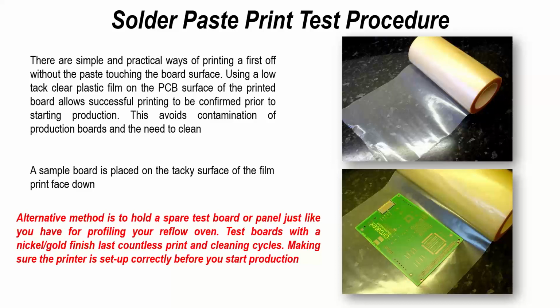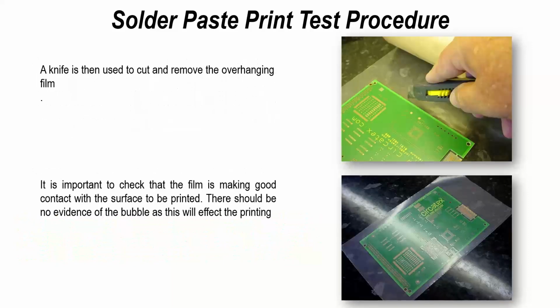Now, if it's a board which has got a good surface finish on it, like nickel gold, like a solder coating, you should be able to use that board time after time after time, cleaning it properly, of course, but then that guarantees you're printing an exact replica, hopefully, of the board you're actually going to be doing in production, proving you've got a good print before you move on. That's another option. But if you want to use the sticky tape, then that works fine.